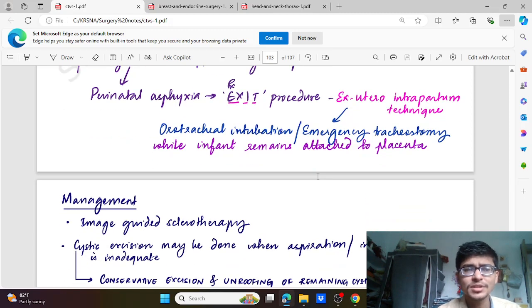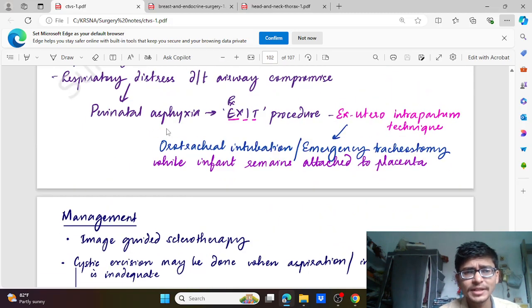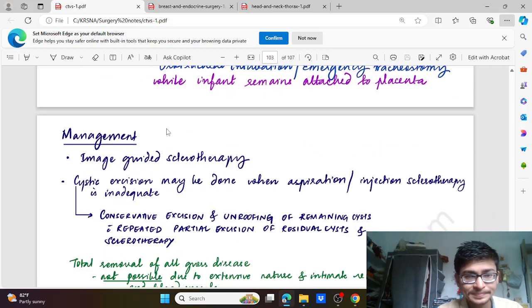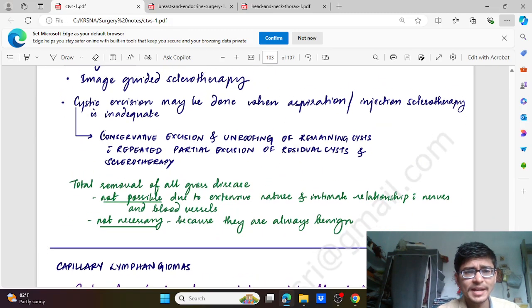So the procedure goes side by side with the cesarean section or a normal delivery, with intubation or tracheostomy.